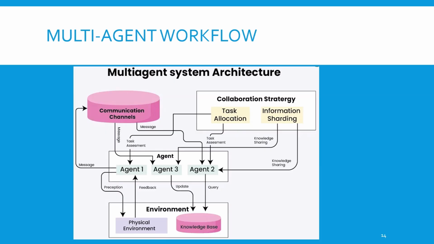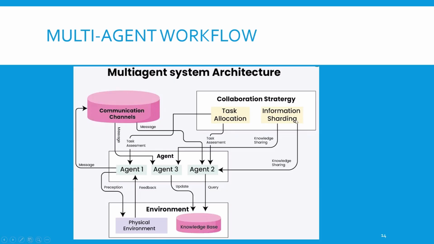So suppose this is a messaging framework, and agent 1 is pushing messages to the communication channel, and these messages could then be pushed to agent 3 and agent 2 based on whatever subscriptions they have taken. Then task assignment can also be done to agent number 2 from the task allocation collaboration strategy.